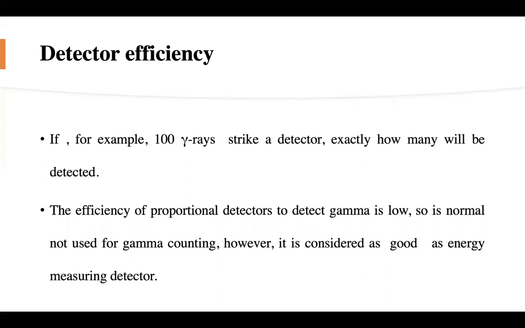So we can see how some detectors are not efficient enough, but can be useful in different applications. We use detectors to measure the radiation, to count the radiation, to identify what kind of radiation. Some detectors are efficient for counting, but not efficient for identification of the radiation type.